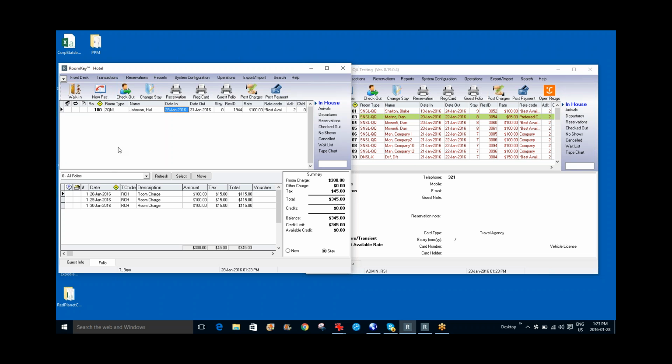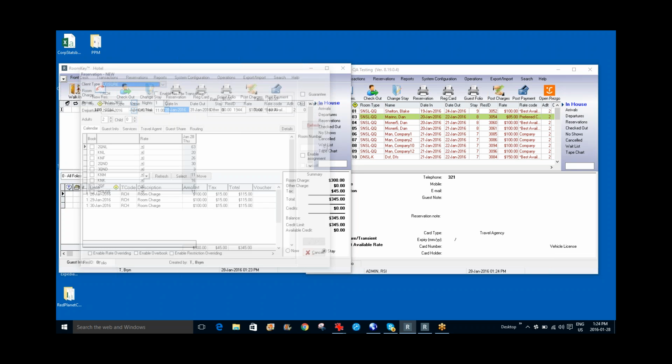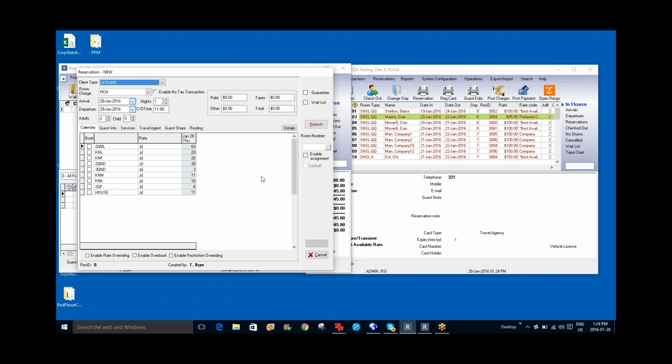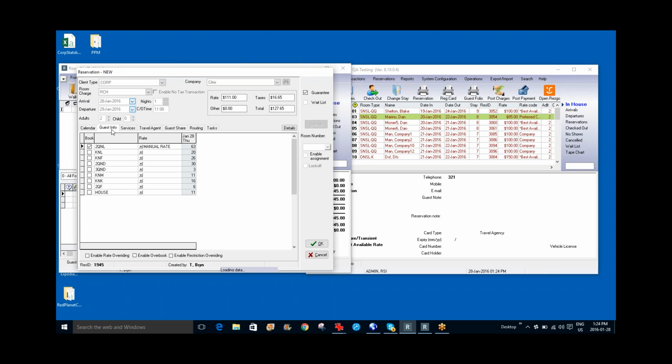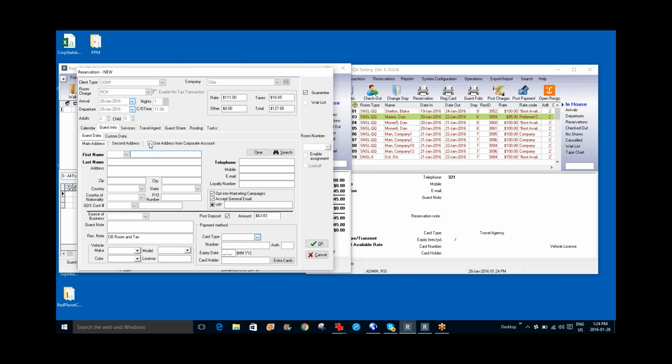The top voted thing on AHA at the time that we did the planning for this release is our next item. And that is, if you're making a booking for a company, either for a corporate account, a wholesale account, or a group, when you get to the guest info screen, there's a use address from corporate account.